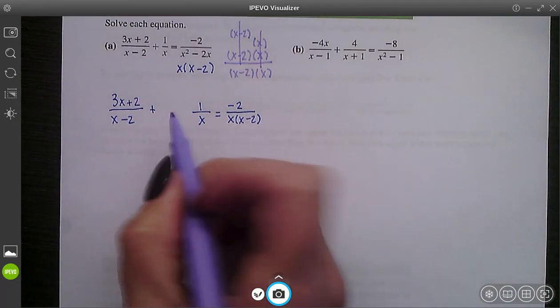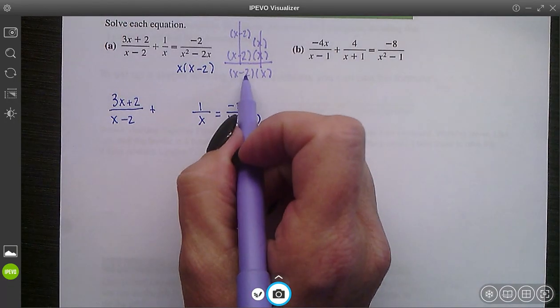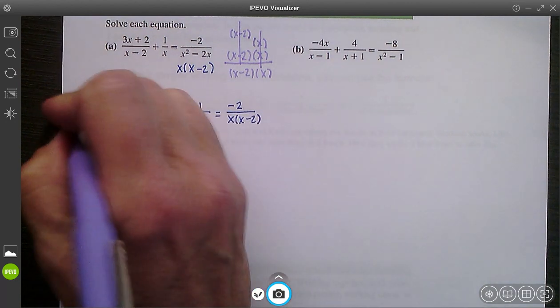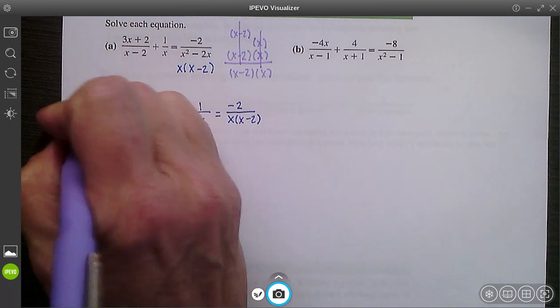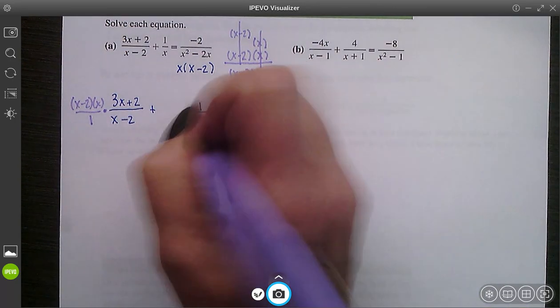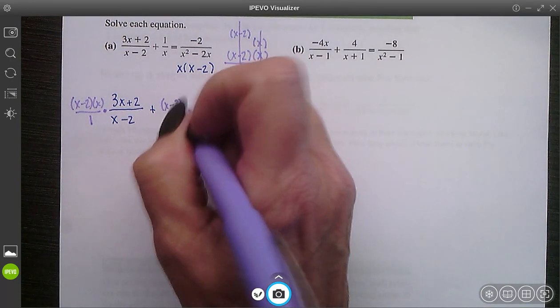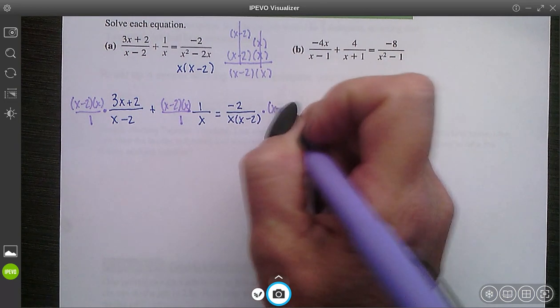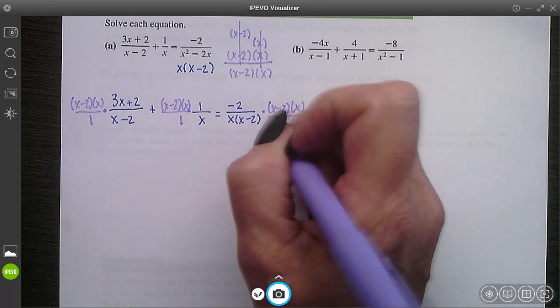So I'm actually going to multiply each term by x minus 2 times x over 1.